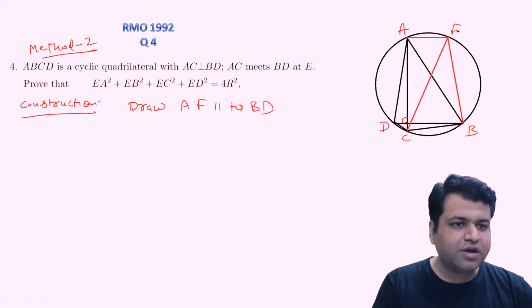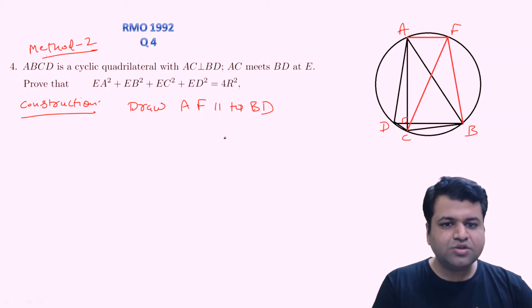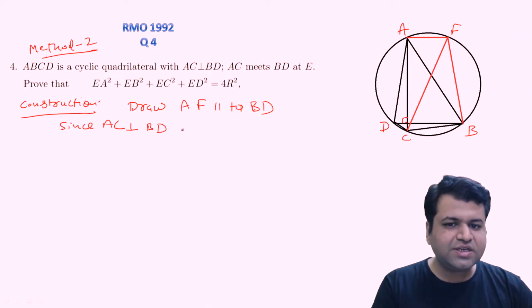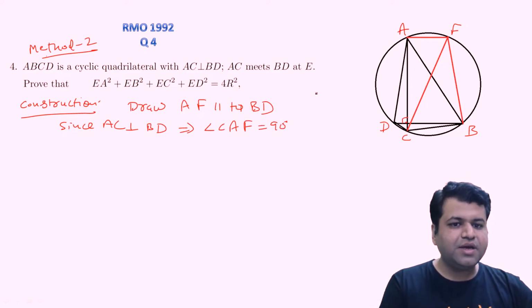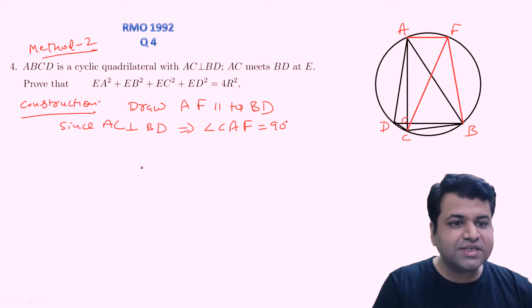So we have drawn AF parallel to BD. Clearly, since AC was perpendicular to BD, this will imply angle CAF will be equal to 90 degrees, because AF and DB are parallel, right? And since angle CAF is 90 degrees, this will imply CF will be the diameter.